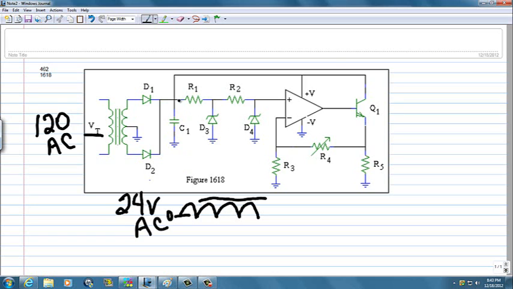The DC signal here will cause a relatively small current through this zener diode. The current goes backwards through the zener diode, and then a smaller current through this resistor and through that zener diode.